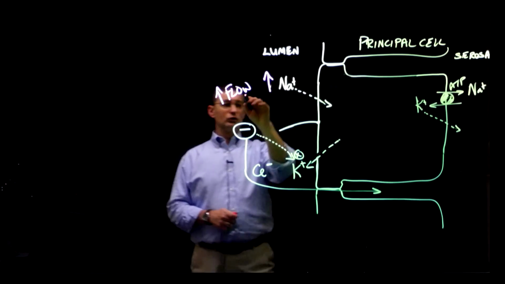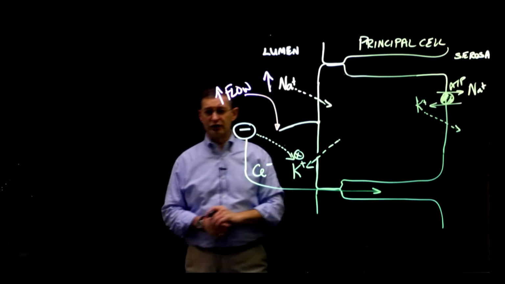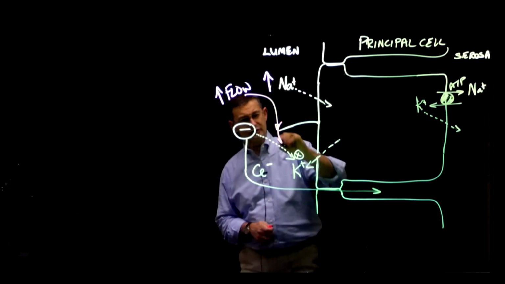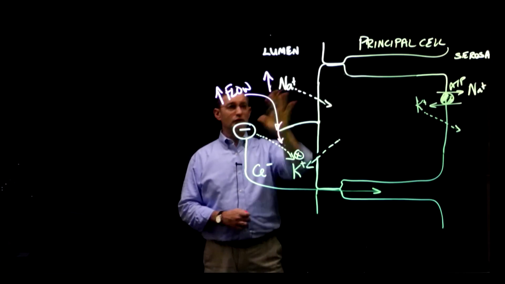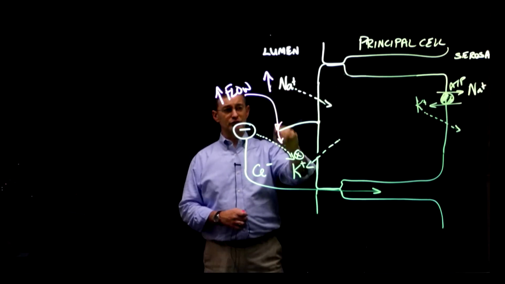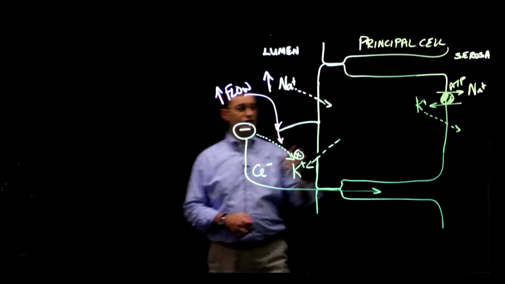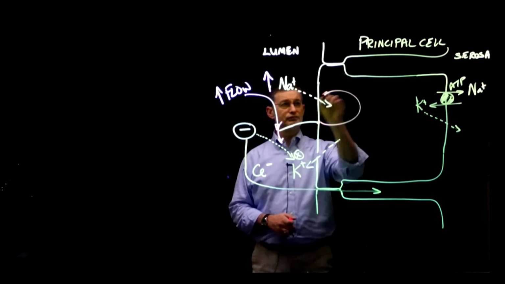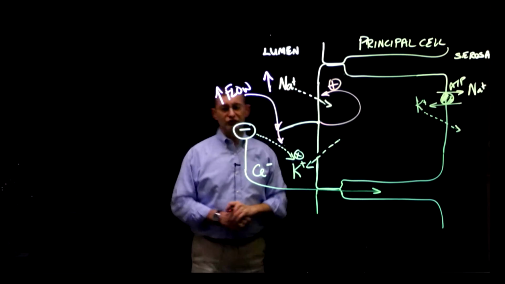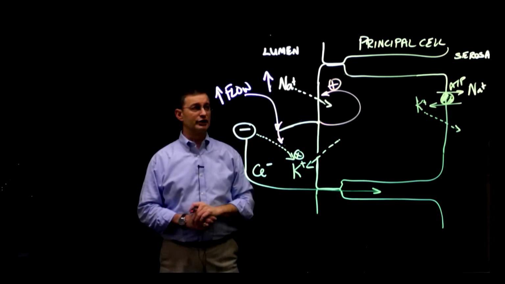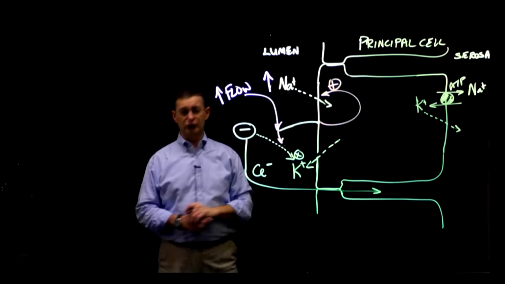The flow will have an impact on the cilium and will actually bend the cilium, regardless of the solute concentration. The mechanoreceptor in the cilium will result in an increase in open time for that sodium channel and therefore enhance sodium reabsorption through that mechanism.